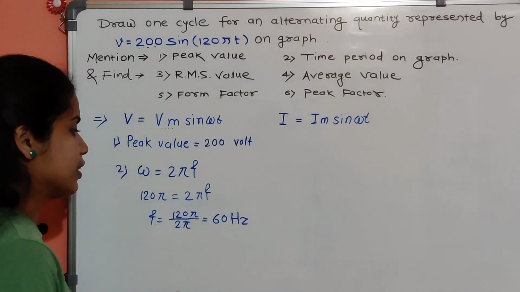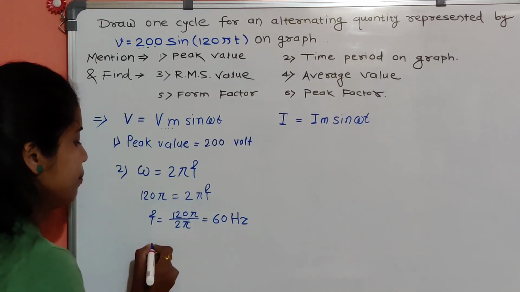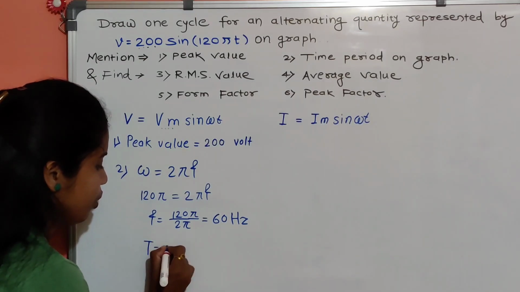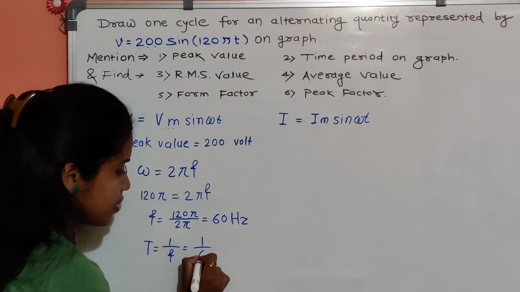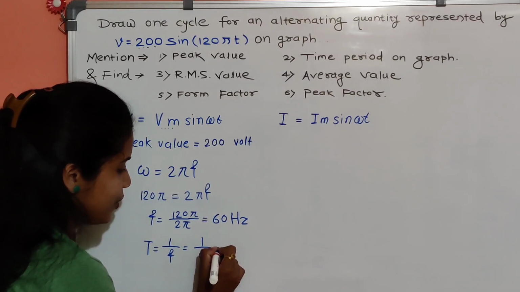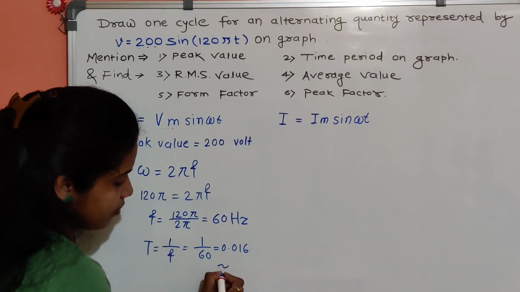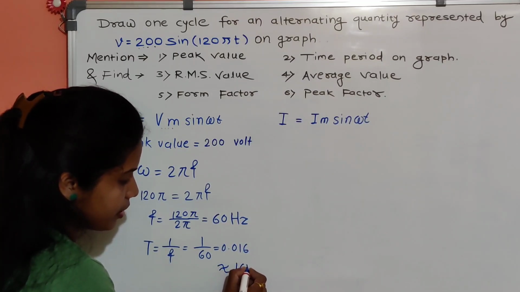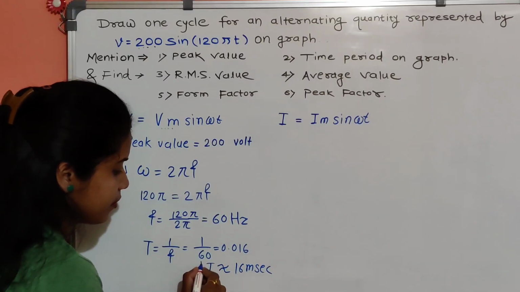The unit of frequency is hertz. But we have to calculate the time period. So time period T = 1/f = 1/60 = 0.016, meaning 16 millisecond is the time period.